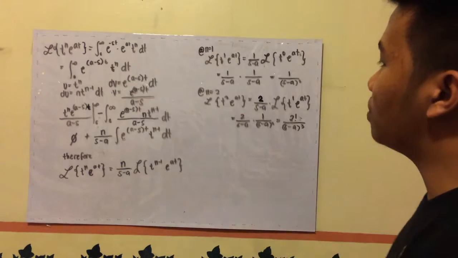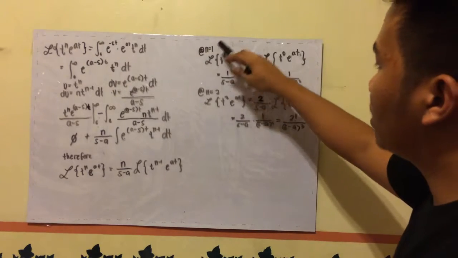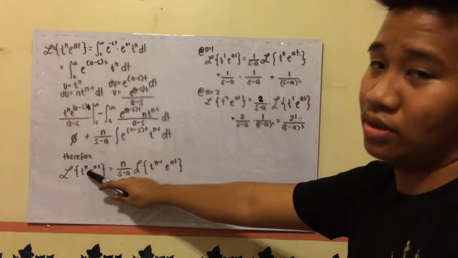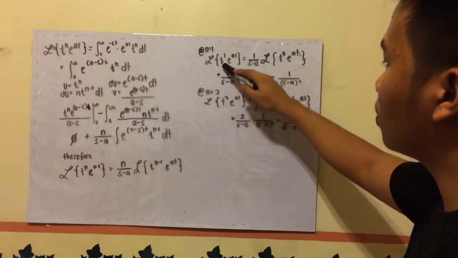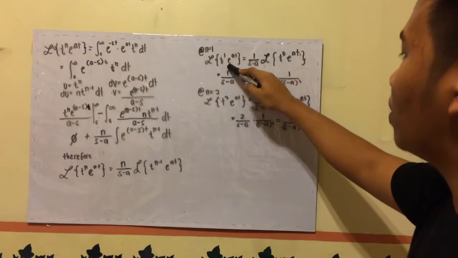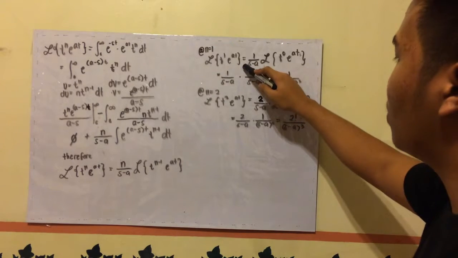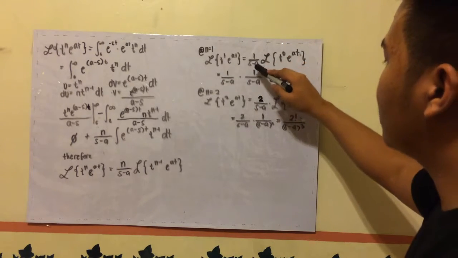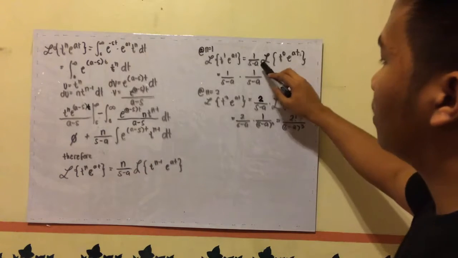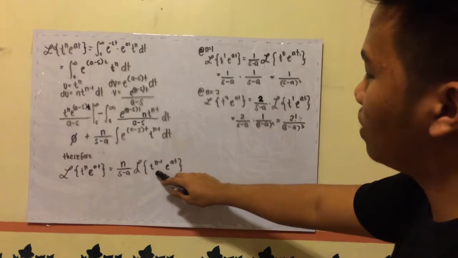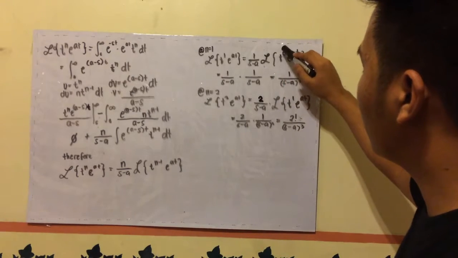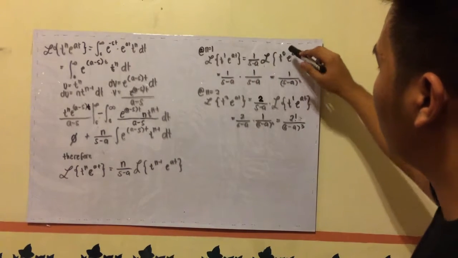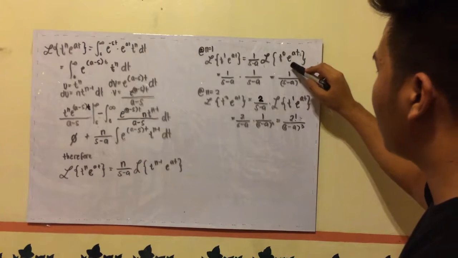So at n is equal to 1, by plugging in the values of n, the Laplace of t raised to 1, or simply t, multiplied by e raised to at is equivalent to 1 over s minus a multiplied by the Laplace of t raised to n minus 1, or t raised to 0 because our n is equal to 1, and e raised to at.